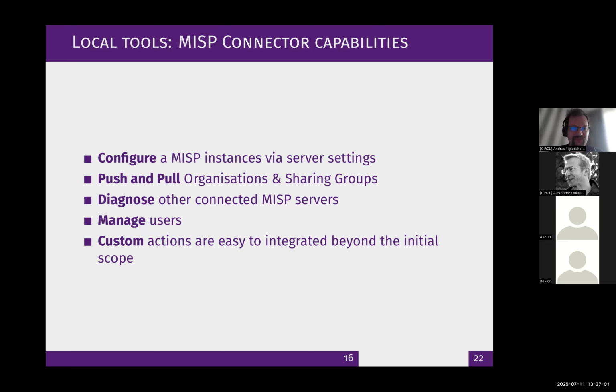So for us, that was the most relevant to start with. Through the MISP connector, we can configure all the settings of MISP directly through the configuration interface. We can push and pull information about organizations and sharing groups between Cerebrate and MISP.